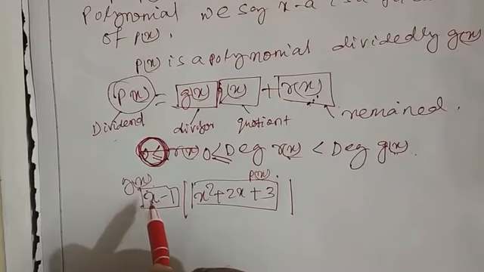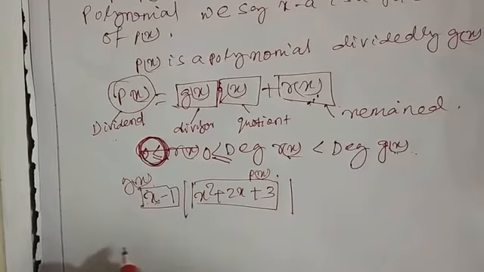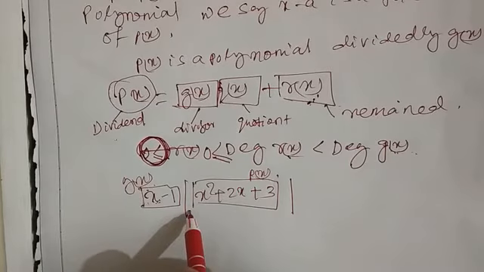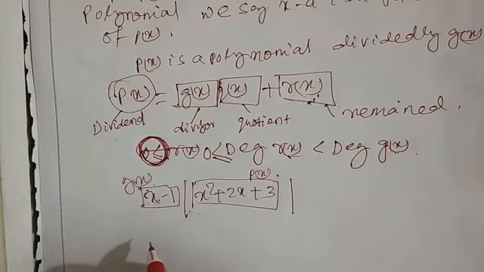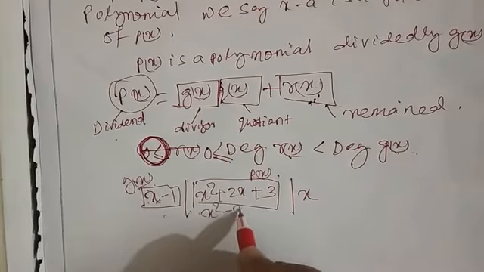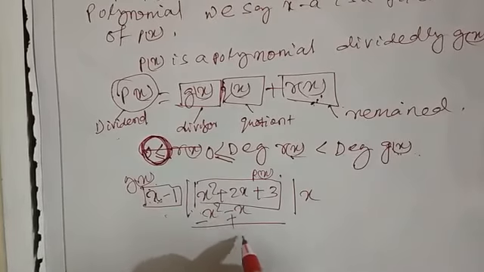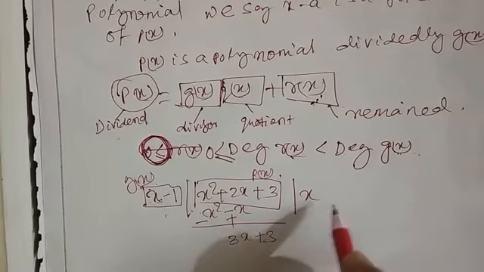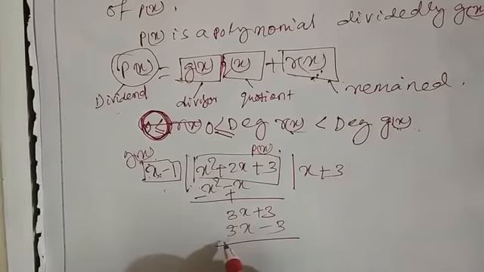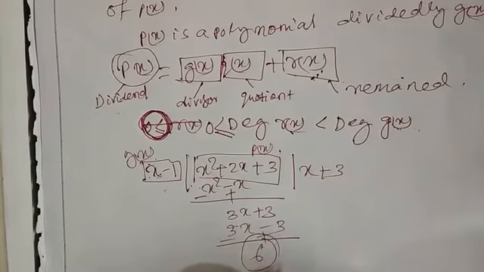Okay. What is the degree of a polynomial which is less than 1? That is constant. So if I get the remainder in this division, I must get a constant. So if I can put x here, x square minus x, then it is 3x plus 3, put 3, it is 3x minus 3, so obviously it is 6. This is r(x).